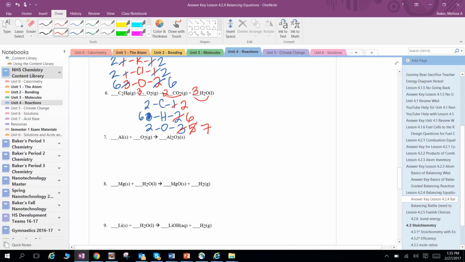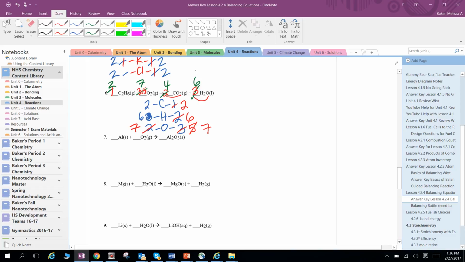I can make this 3.5 to show that I've got 7 oxygens, but I can't leave it that way. I'm going to erase this one above it so I have a little bit more room. There's a 1 in front right now, but I'm going to have to multiply all of the coefficients by 2 to get my final answer: 2, 7, 4, 6, because they have to be whole numbers.